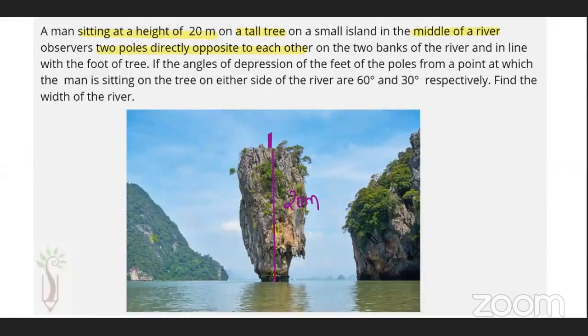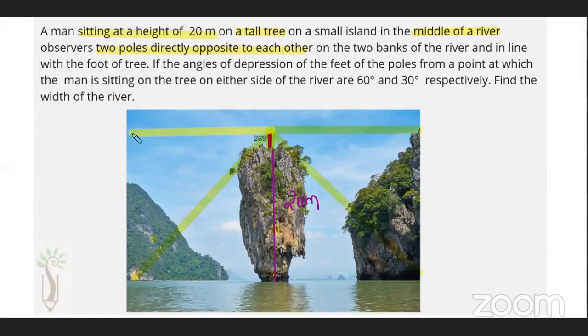On either side, there are two mountains or hills, right? So there's a man sitting on top of the stone, let's say, and he's observing the base of these two mountains from the top. Clear?